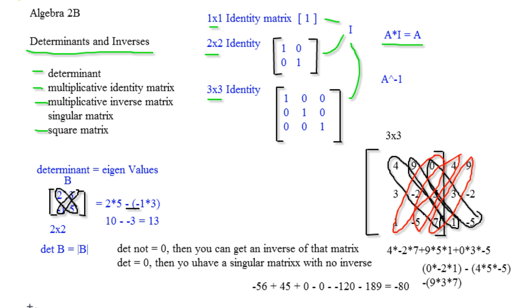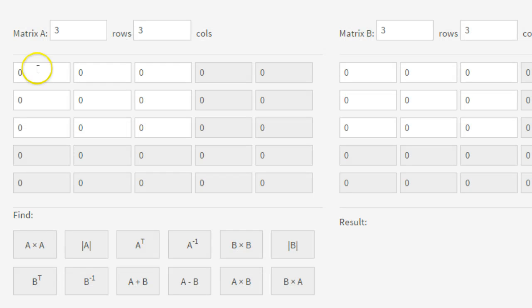Now I'm going to show you how to do it on the actual matrix calculator and show you how easy it is. Once again, we are on the matrix calculator. If you're using a TI calculator, that's totally fine. Let's make this a -1, and then let's make this 3, 5, and 2.